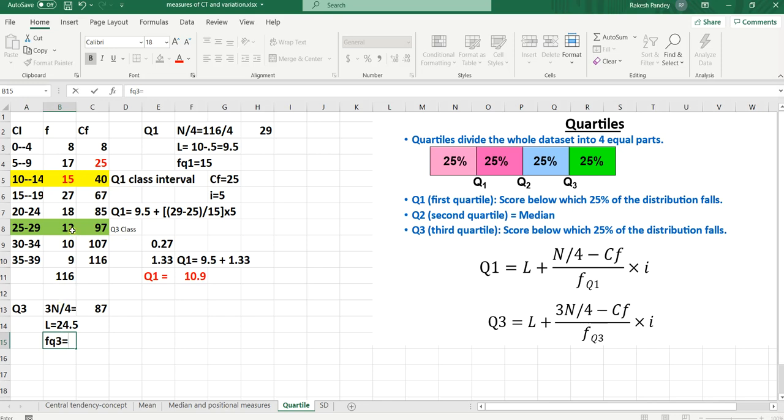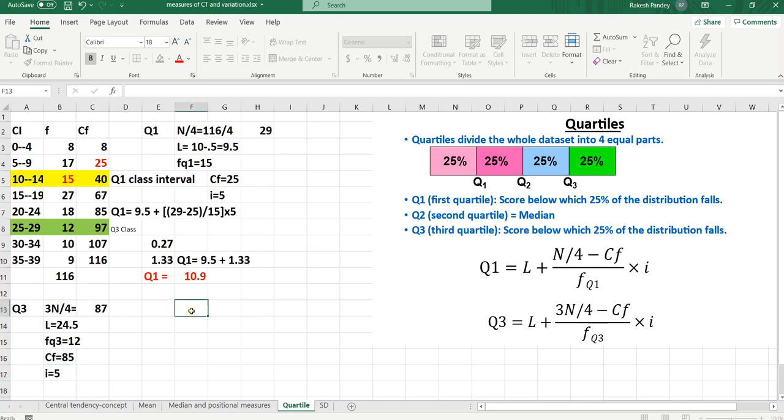So FQ3 is equal to 12. And then we need the CF, the cumulative frequency preceding the third quartile class, so 85 is the value needed for this. And one more thing, that is i, the size of the class, 5. I am leaving this for your computation. If you put all these values in this formula, you will get the value called the third quartile.